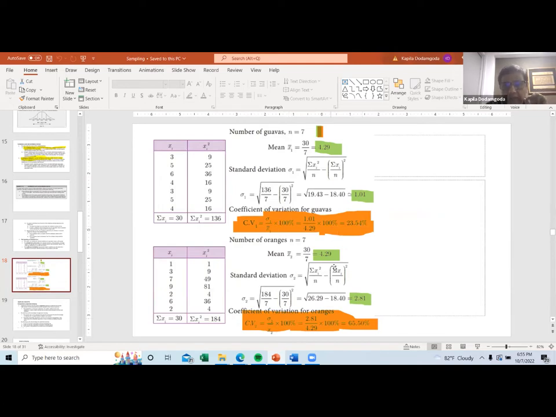In the second one, the mean, these averages also happen to be 4.29, but the standard deviation is 2.81. So coefficient of variation will be 2.81 divided by 4.29. So it is 65% coefficient of variation. This means coefficient of variation is lower, means the values are close to each other. Coefficient of variation is higher, means the values are dispersed from each other.